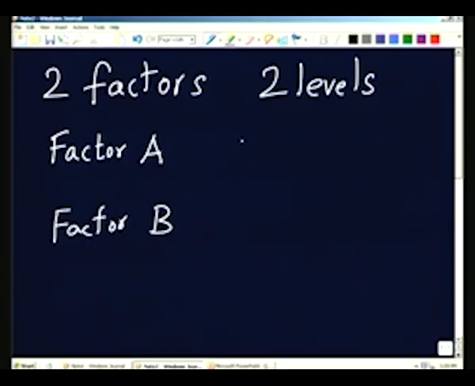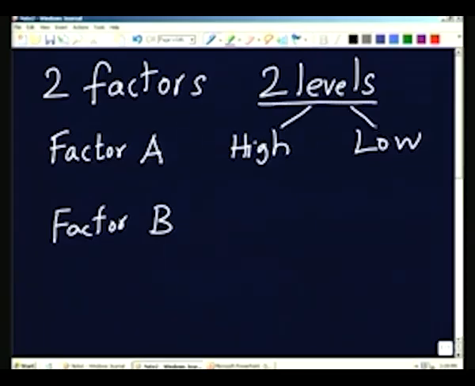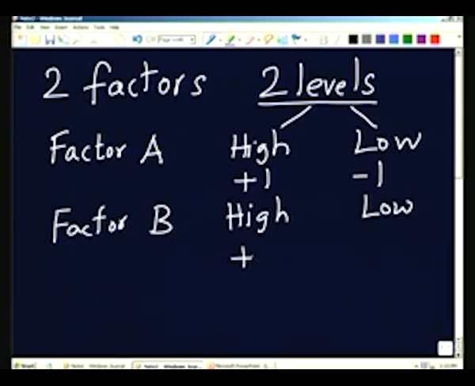Two levels I can have a high value and a low value, because two levels means there are only two levels. It is allowed to take only two values as far as this particular design is concerned. Again a high value here, a low value here. Normally what we do is we take the high value as +1, low value is -1, similarly here +1 and -1.